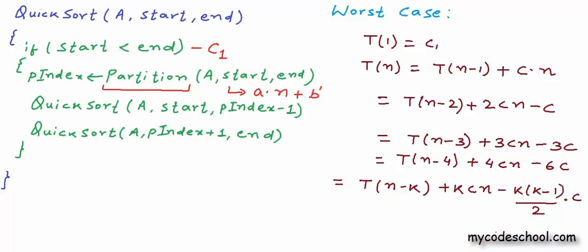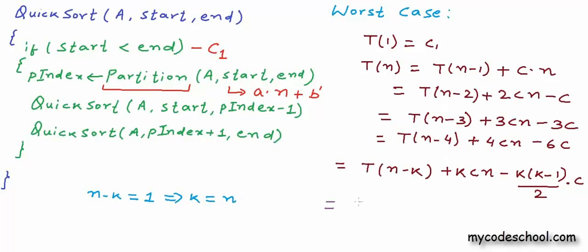So this is what we are getting. Now if I want to write T(n) in terms of T(1) that I know, then n minus k will be equal to 1, and that will imply k will be equal to n. This expression will now be T(1) plus, k is now n, so this will be cn square minus n into (n-1) upon 2 into c.